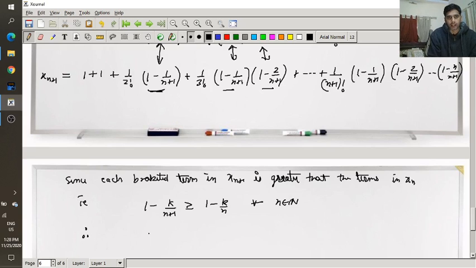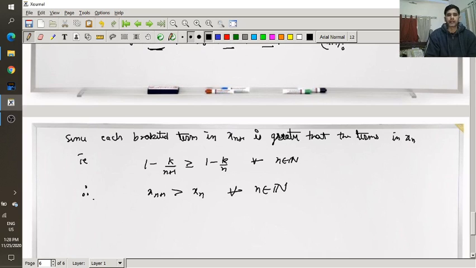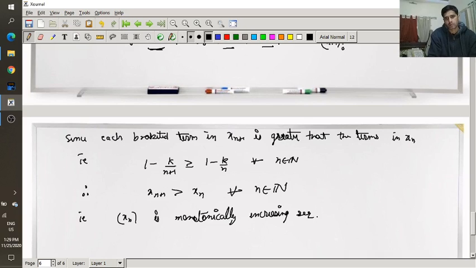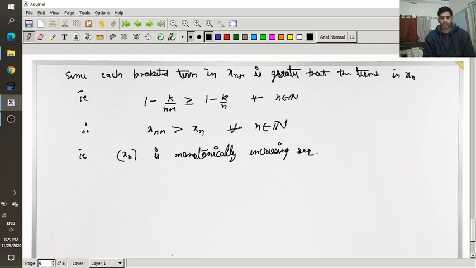Therefore, I can say that xn plus 1 is strictly greater than xn. This holds for all n belonging to natural numbers. That is, the sequence xn is a monotonically increasing sequence. Right? So this is the first part.